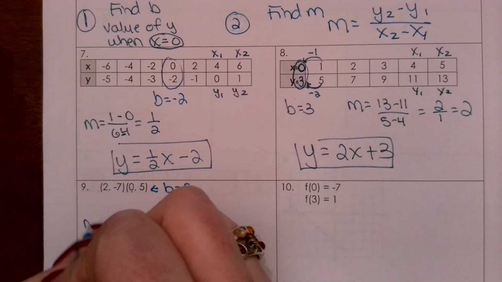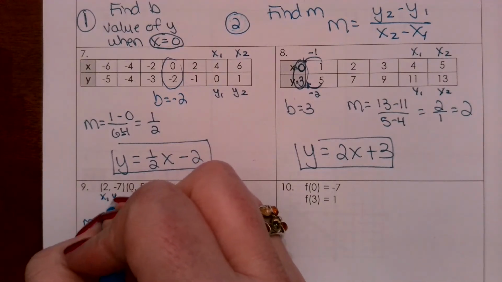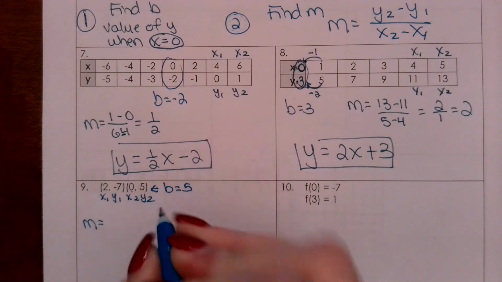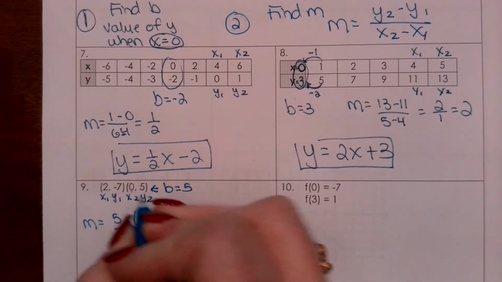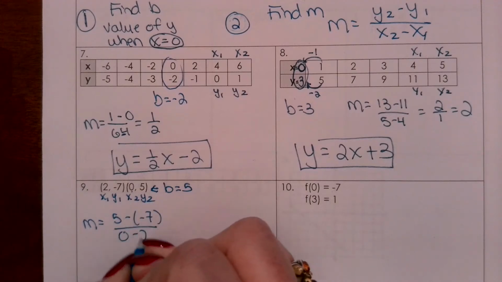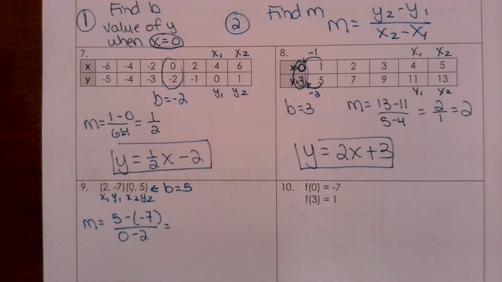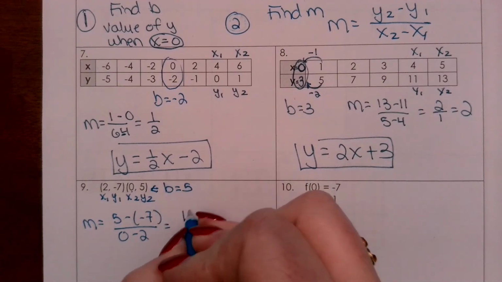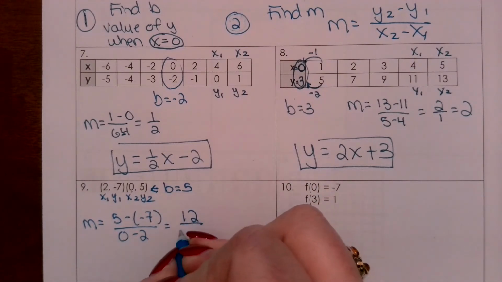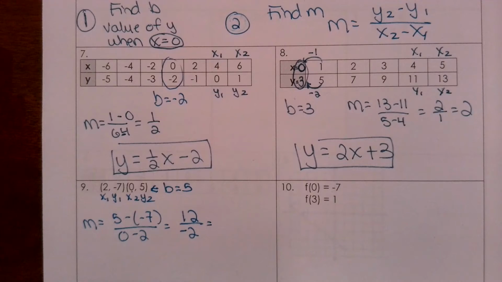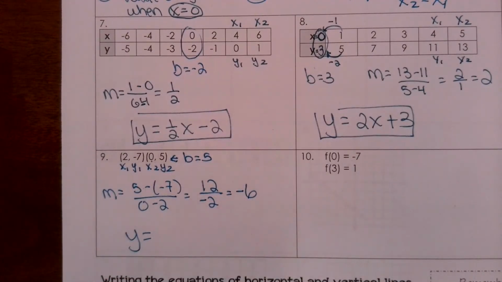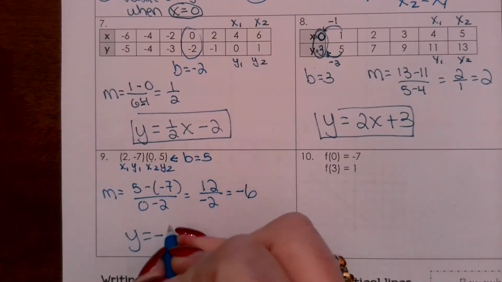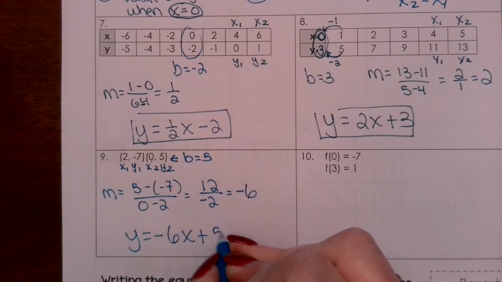But I do need to find my slope. x1, y1, x2, y2: 5 minus -7 over 0 minus 2. 5 minus -7 is like 5 plus 7, that's 12. 0 minus 2 is -2. 12 divided by -2 is -6. So my slope is -6. And putting this into my slope-intercept format, y equals -6x plus 5.